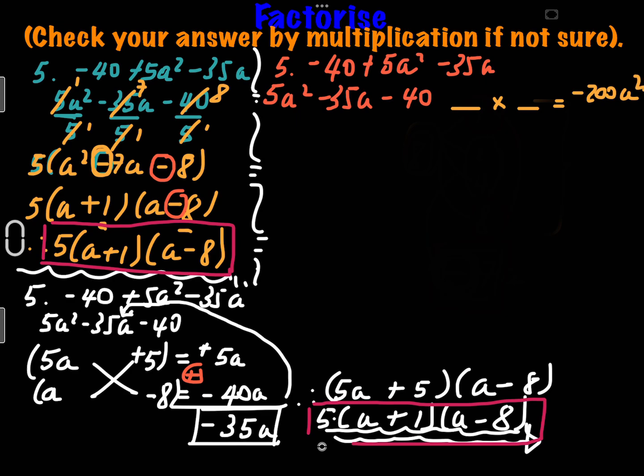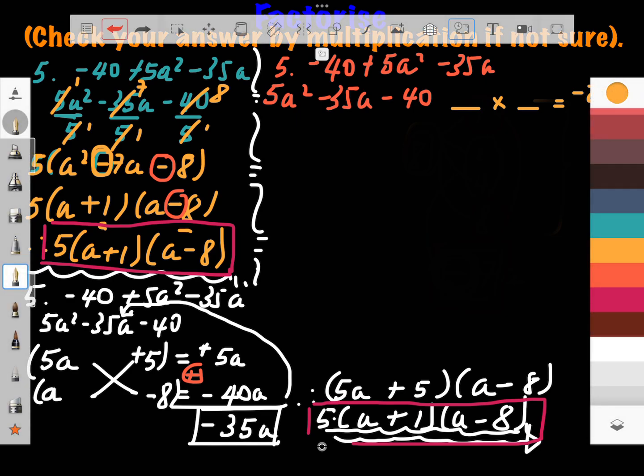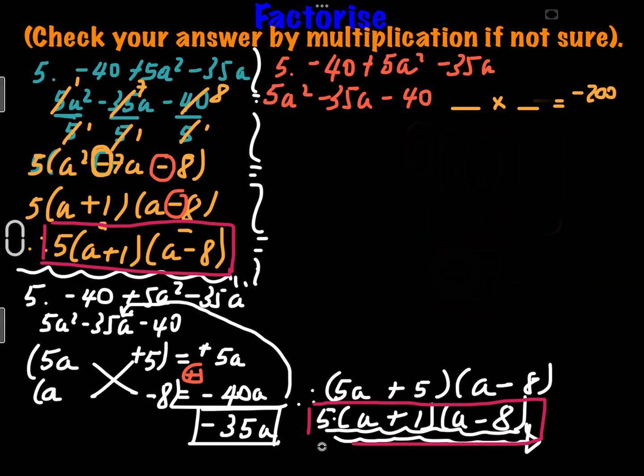Okay, in fact, I want to avoid the coefficients of those. I just write them as constants. So we have negative 200. So the two factors of negative 200 are negative 40 and positive 5.